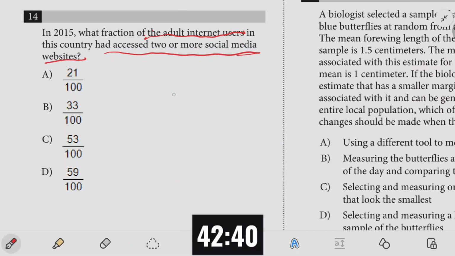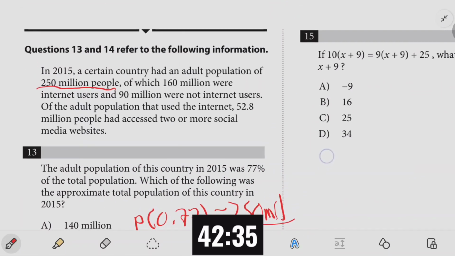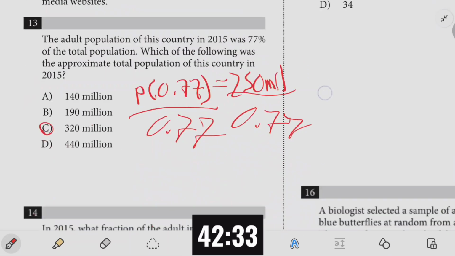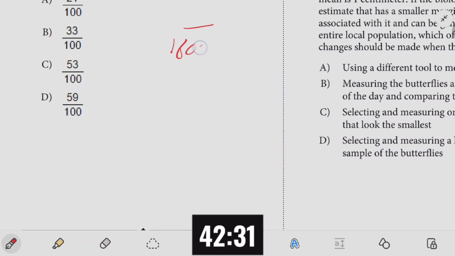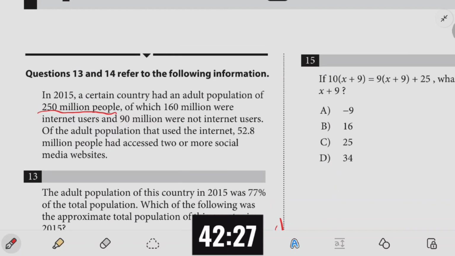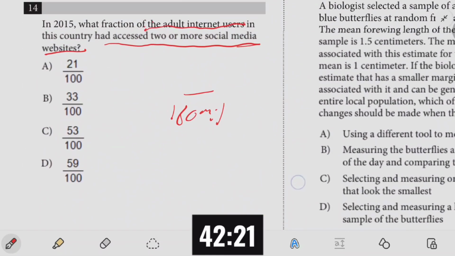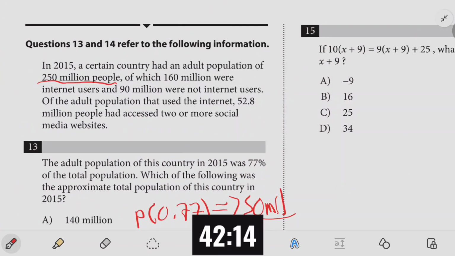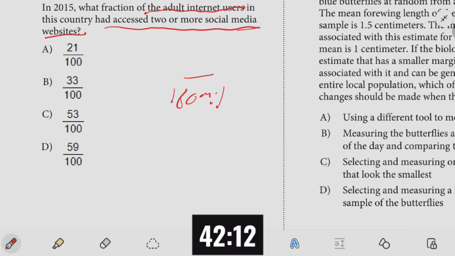So the denominator is going to be the adult internet users, in which case it's 160 million. And access to two or more social media websites, that's of the adult population that use the internet. Okay, so it's 52.8%.